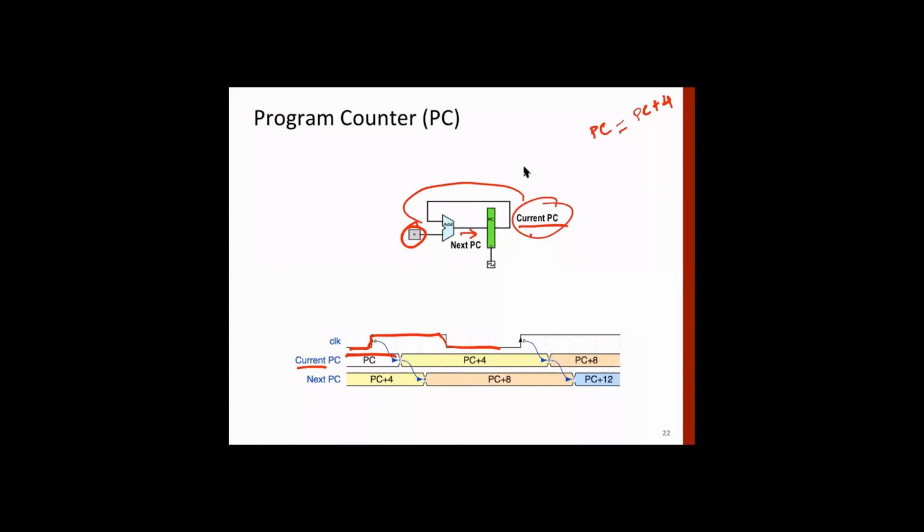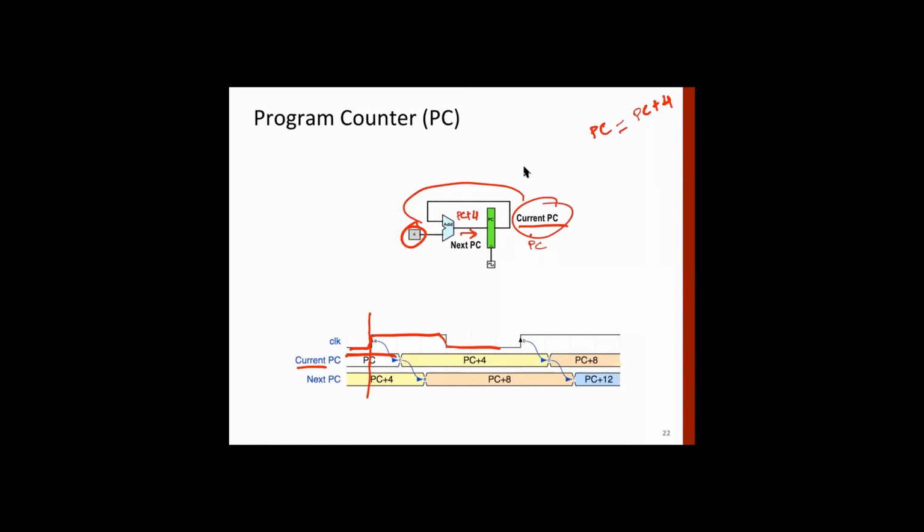Okay, so this is the current value. Now you note that at this leading edge, the PC value is available and the PC plus 4 value is also available here. So this is the value of PC, this is PC plus 4. Now what will happen?